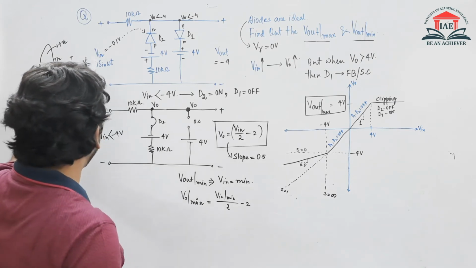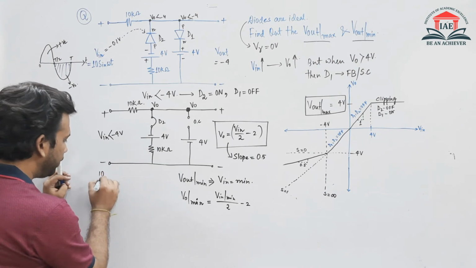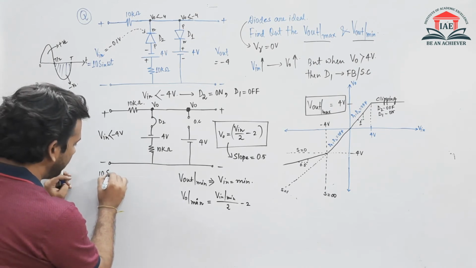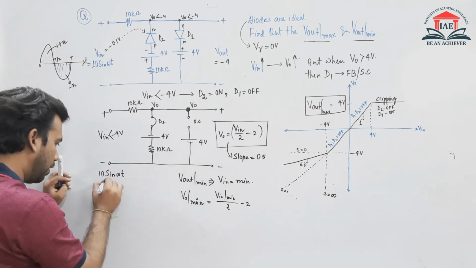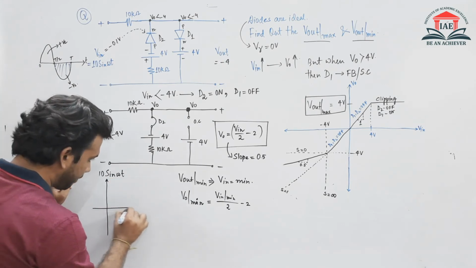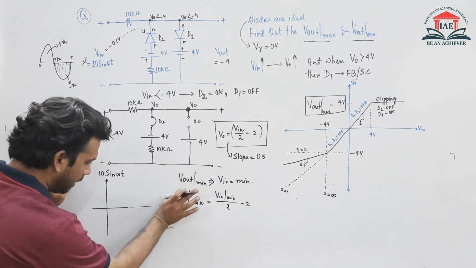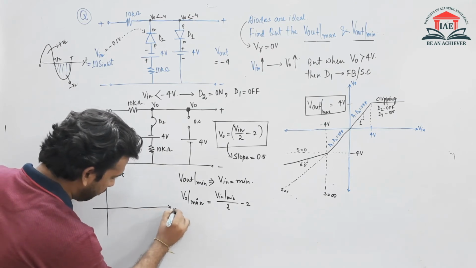So अब input पे जाइए, मेरा input क्या है 10 sin t, तो मेरा जो input है वो है 10 sin omega t. So if I want to plot this 10 sin omega t, it will look like this, a pure sinusoidal wave. So this is omega t.